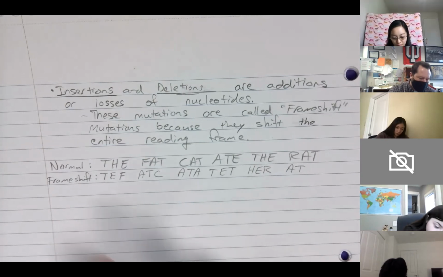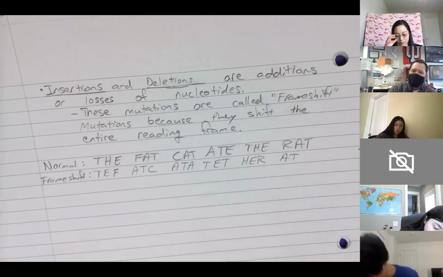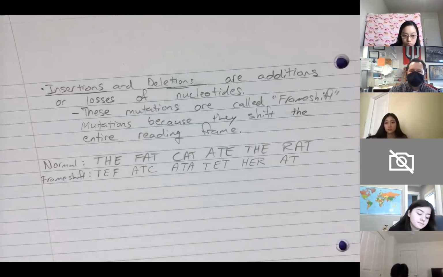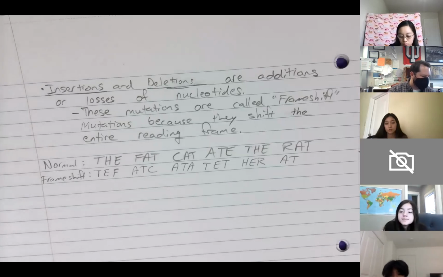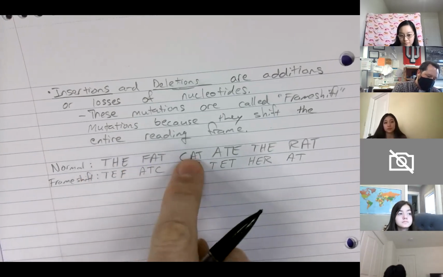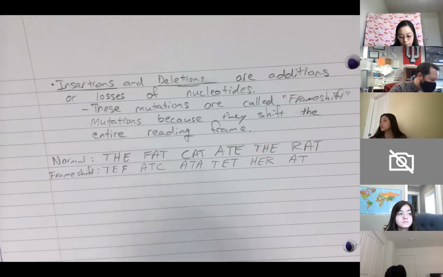So our entire reading frame just got distorted. That's a frame shift. You can see how terrible this is. Our once sentence that we could read, just the whole thing gets messed up by an insertion or a deletion.